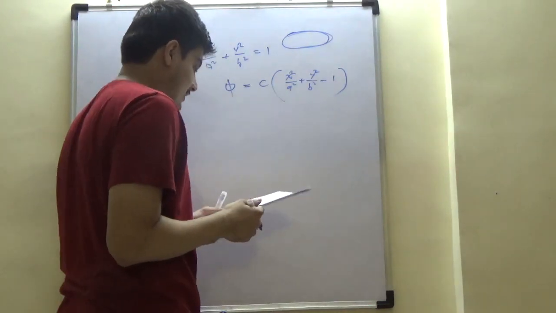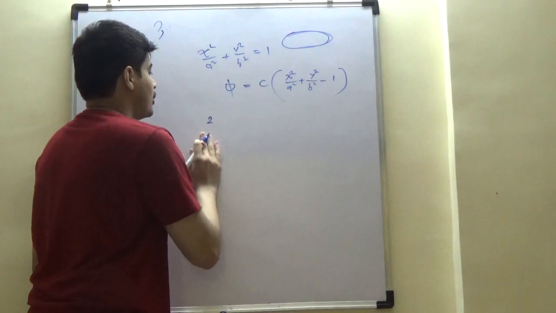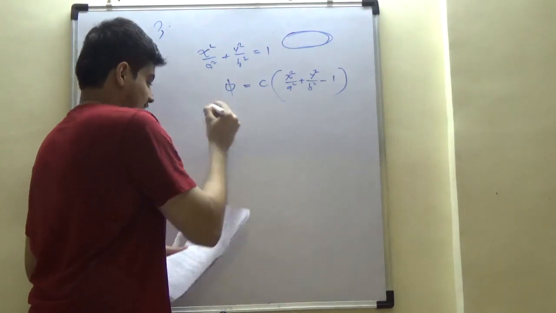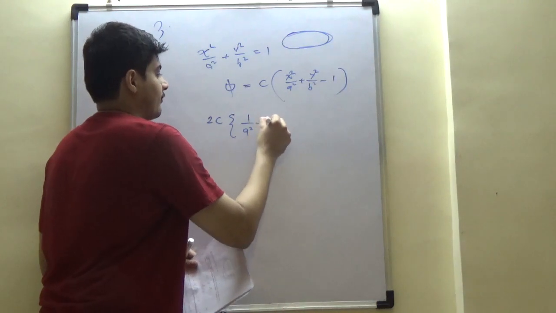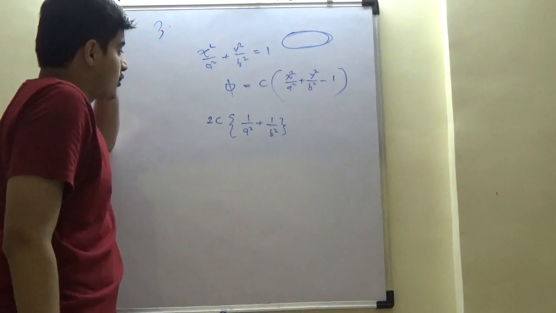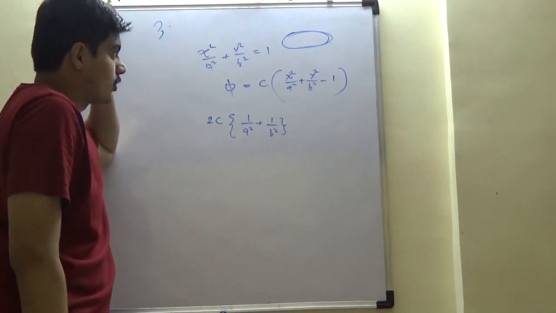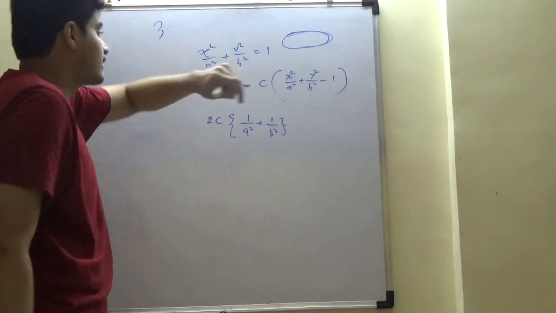If this is the case, then what I will get by double differentiating this is 2c, 1 upon a square plus 1 upon b square, right? Del square phi by del x square is going to be 2x and then 2. So 2 is going to come out from both the sides.